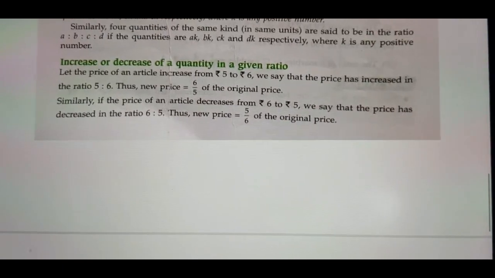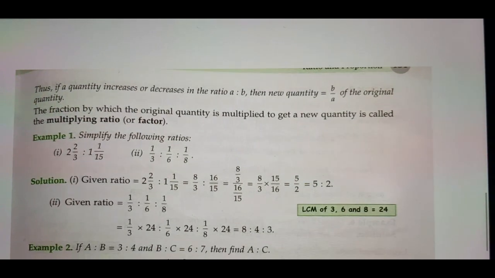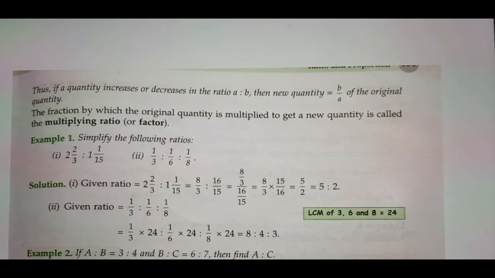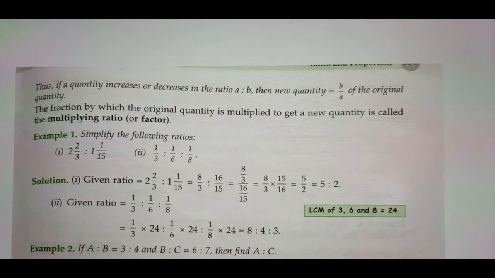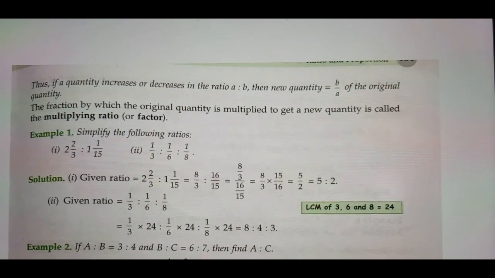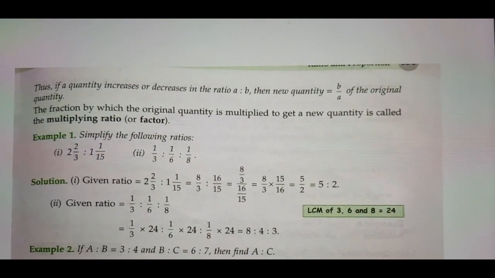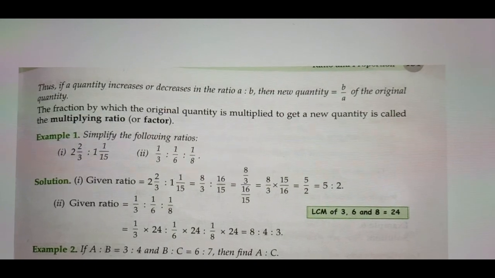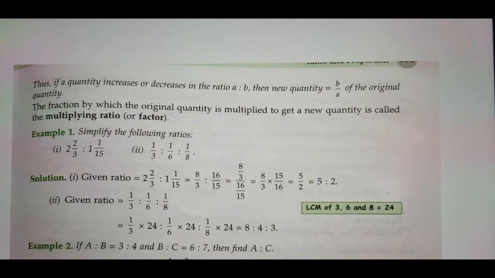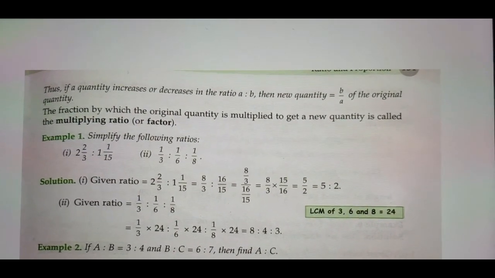If a quantity increases or decreases in the ratio A upon B, the new quantity will be B upon A of the original quantity. The number by which the original quantity is multiplied to get the new quantity is called the multiplying ratio or factor.